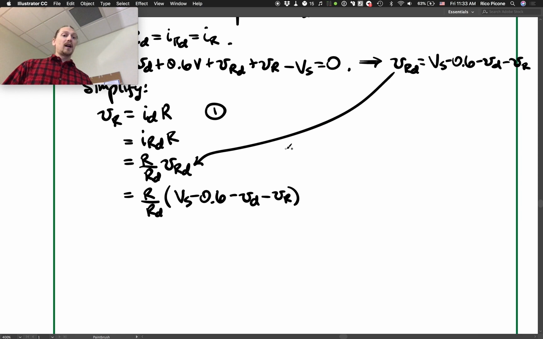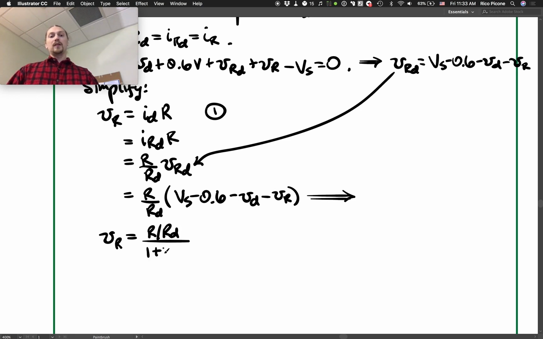So we've got VR on both sides, right? So if we solve this for VR, we would want to add R over RD times VR to both sides, factor out VR, divide whatever's left onto the other side, and we're left with VR equals R over RD divided by 1 plus R over RD times VS minus 0.6 minus VD.